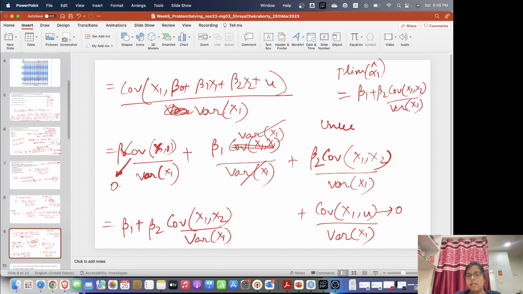Now unless beta 2 is 0, alpha 1 hat would not, in the limiting sense, go to the true beta 1 parameter. So alpha 1 hat is inconsistent.